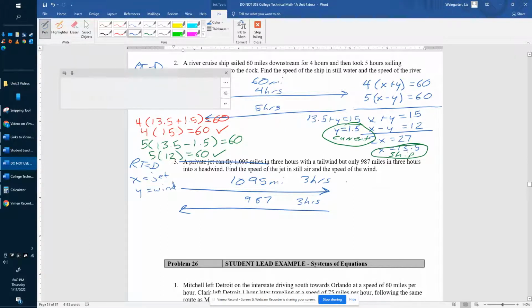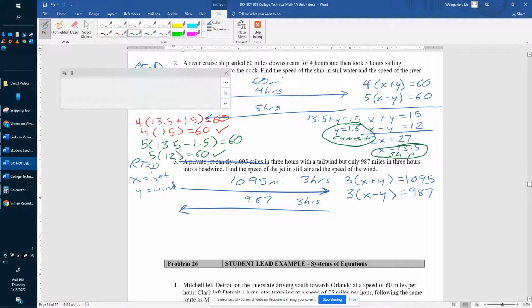So when the wind is helping us, we have our time, which is 3 hours, times x plus y equals 1,095 miles. In 3 hours, when the wind is working against us, we have to subtract the wind, and we get 987.